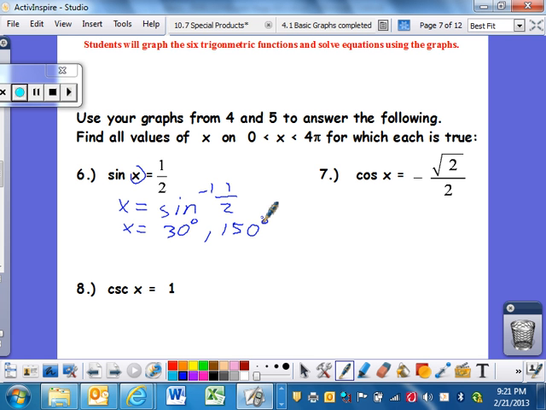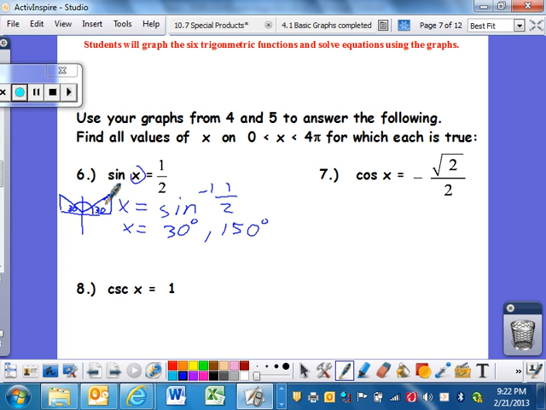Okay, so we know that if we draw a triangle, we end up rotating around from our home base to 150 degrees. Our reference angle in here is going to be 30 degrees. And then if we end up rotating 30 degrees, this angle is going to end up being our 30 degrees.